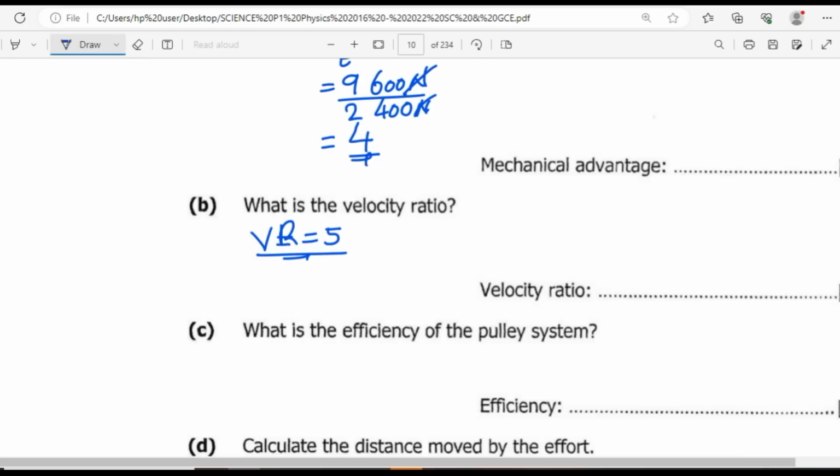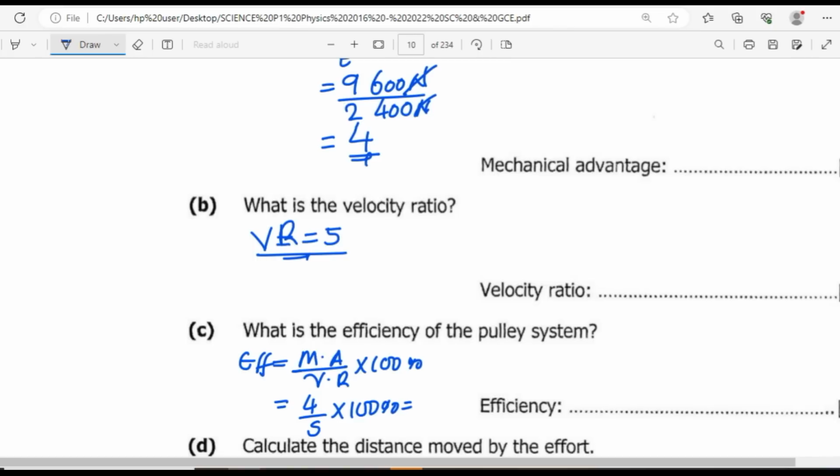Now for question C, we just want efficiency. So efficiency is equal to mechanical advantage over velocity ratio times 100%. So mechanical advantage is 4 over 5 times 100%.